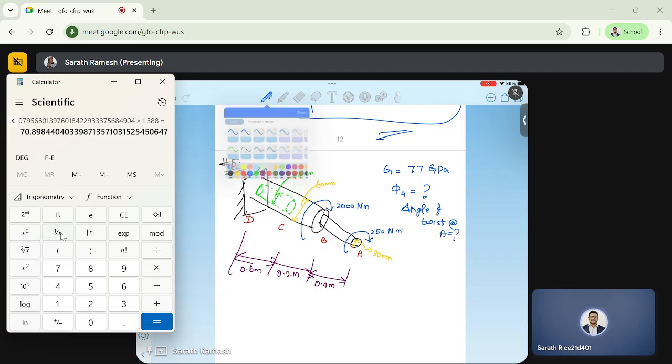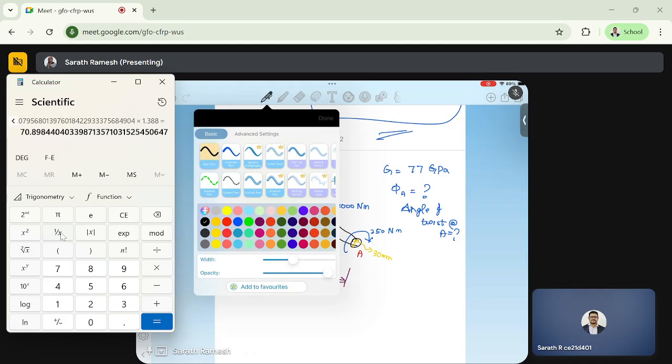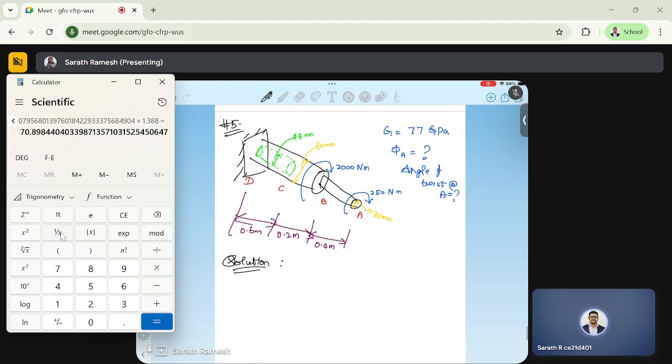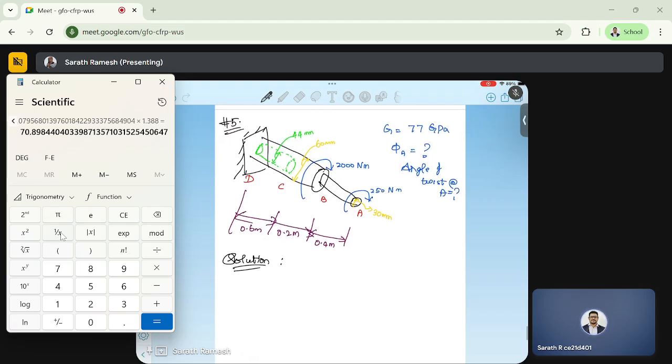Let's solve. Now, angle of twist at A will be given by angle of twist in the portion DC plus angle of twist in the portion CB plus angle of twist in the portion BA. Okay, all these three will be adding up, right?